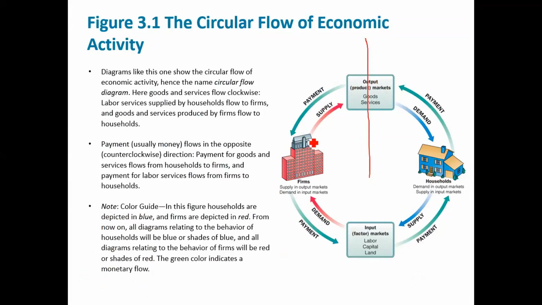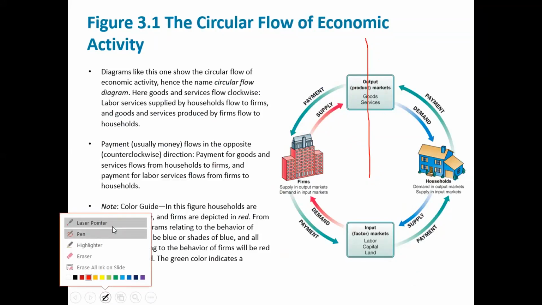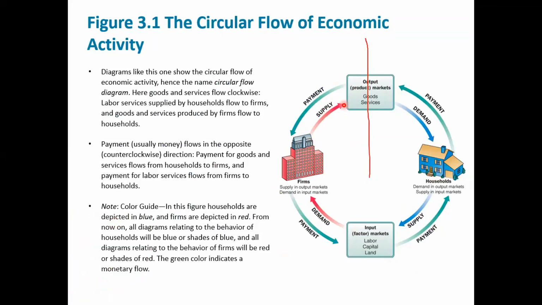Let's switch back to my laser pointer here. You can measure the value of all the coffee that goes to me, or you can measure how much money I spend on coffee. Those two things are equal. You can measure how much I spend on coffee or how much Starbucks gets in income from me for coffee. Those two are equal.